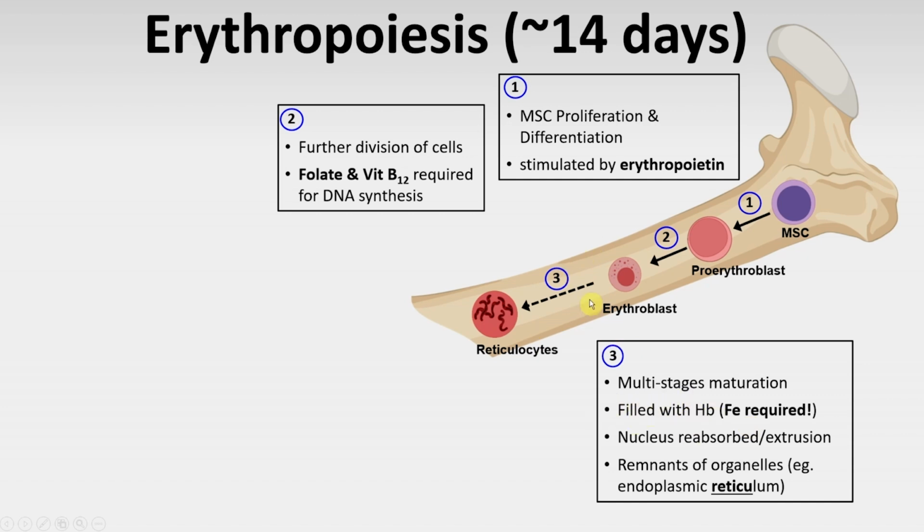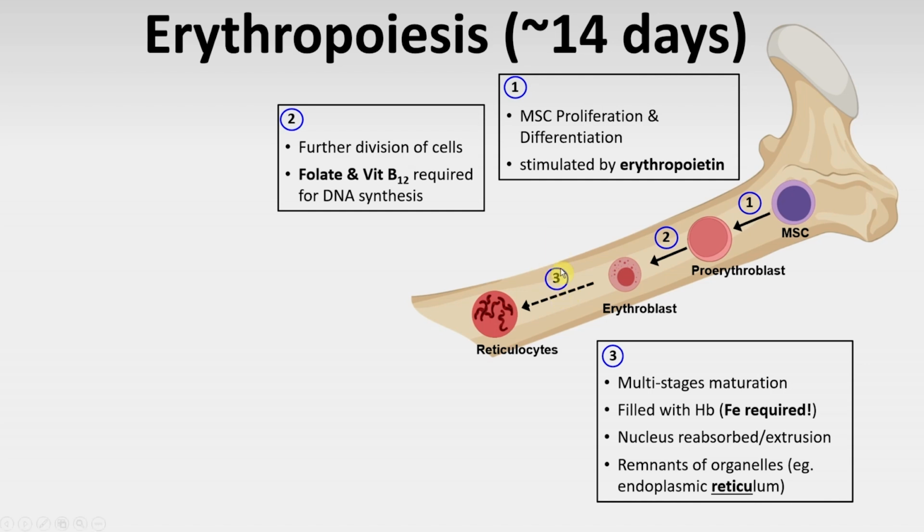During these multiple stages of maturation, other than the filling up with hemoglobin, the nucleus in the erythroblast will also be reabsorbed or extruded. Why so? Because this creates more space for the red blood cells to be filled up with more hemoglobin.